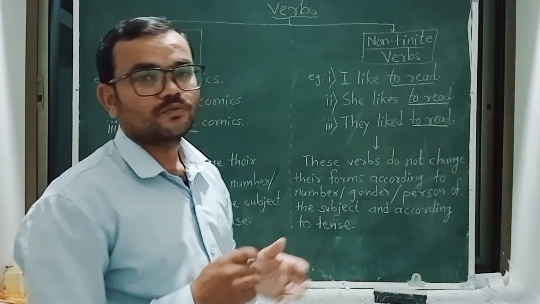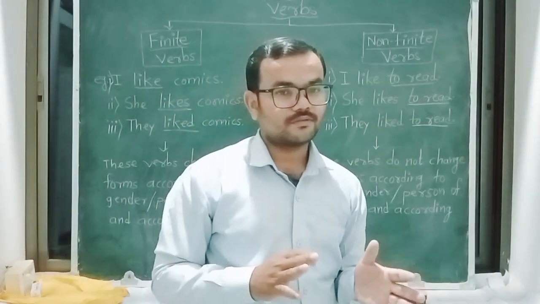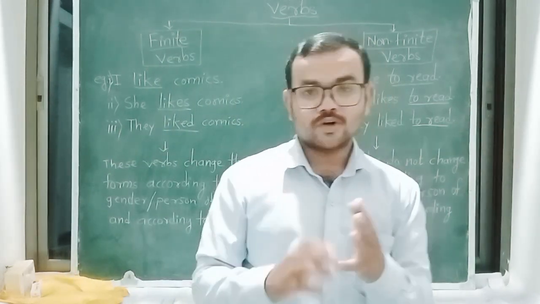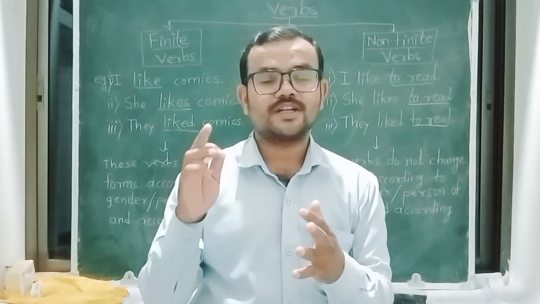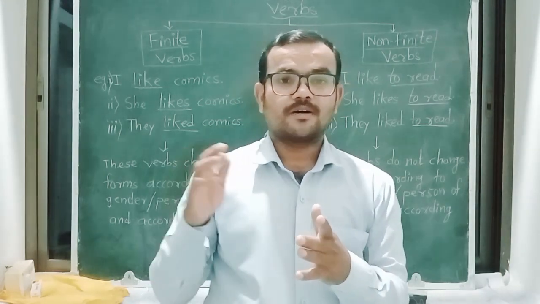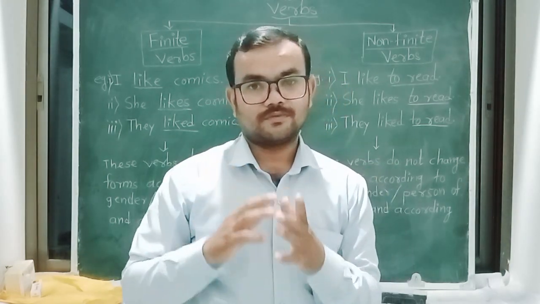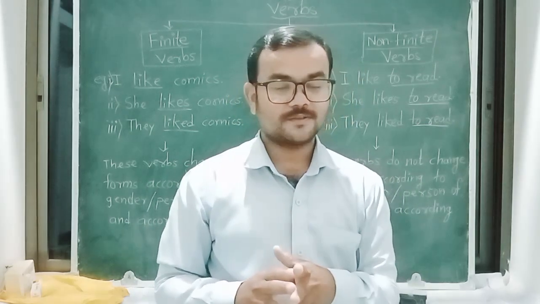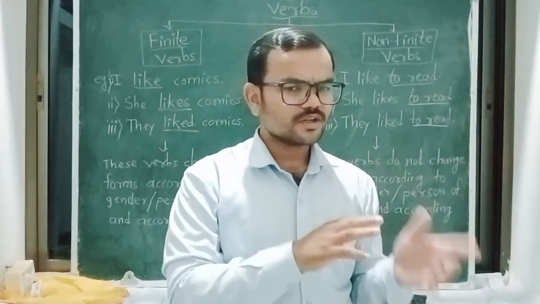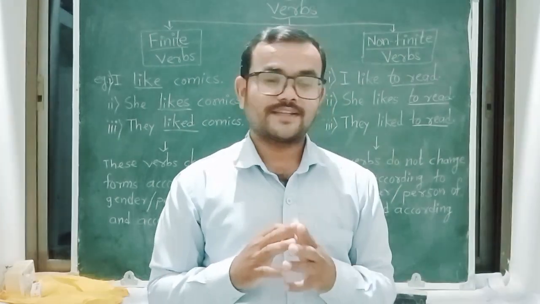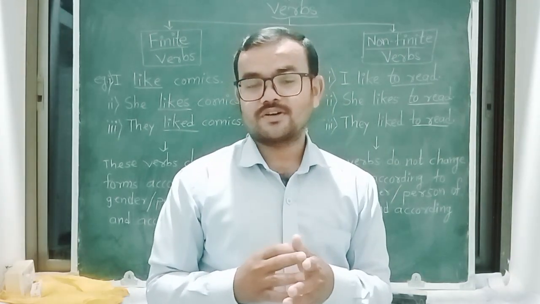Finite verbs change their form according to number, gender, and person of the subject. Most of the finite verbs are generally the main verb in the sentence, and non-finite verbs are those verbs which do not change their form according to number, gender, person of the subject, and tense also.